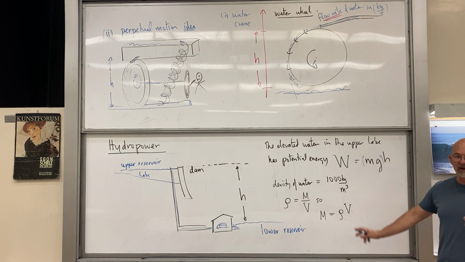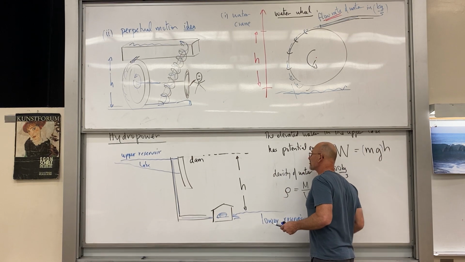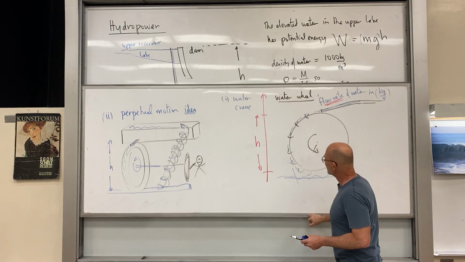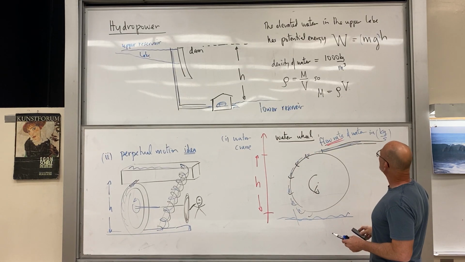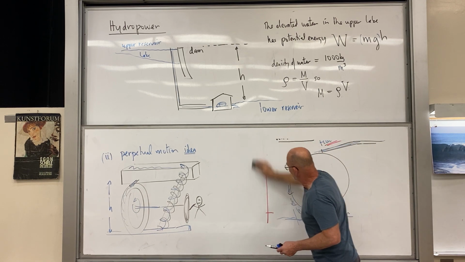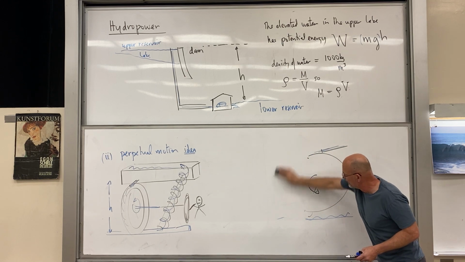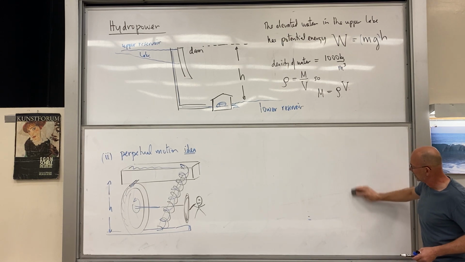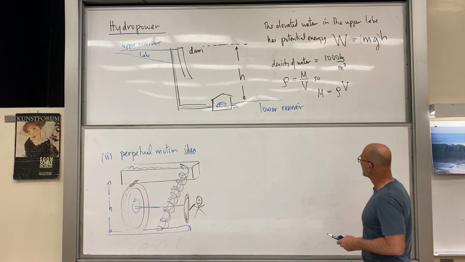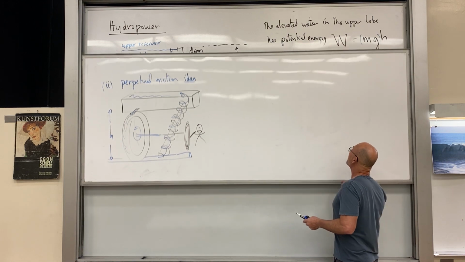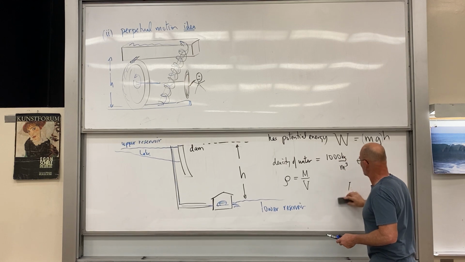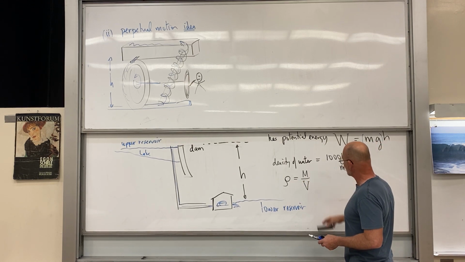I'm going to immediately do a calculation like that, because once you do one of these, you can always see how to do that. Going to do this in a slightly different order than I usually do. In fact, let's clean this up a bit. So density is mass per volume.